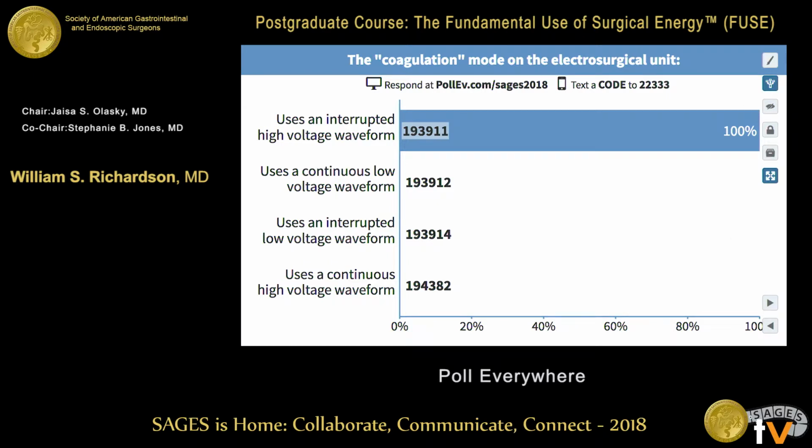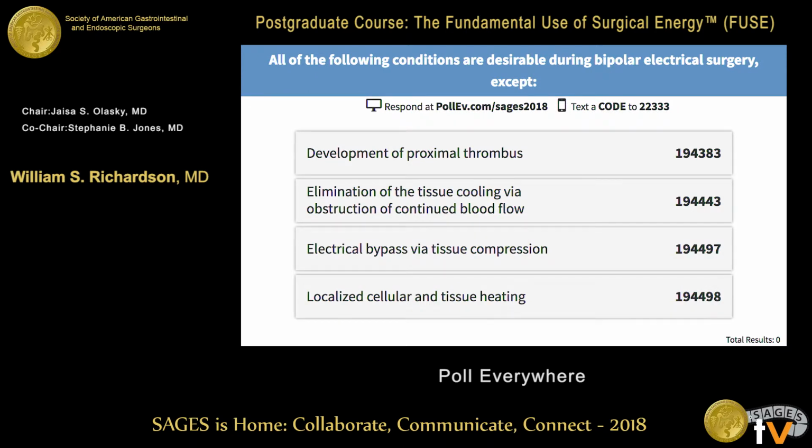Excellent. Next question. All of the following conditions are desirable during bipolar electrosurgery except: 1, developing of proximal thrombus. Number 2, elimination of tissue cooling via obstruction of continuous blood flow. 3, electrical bypass via tissue compression.